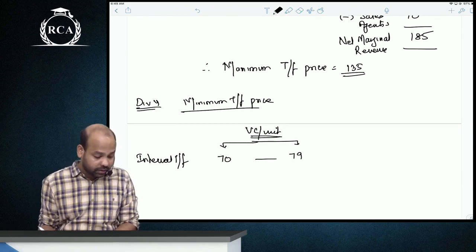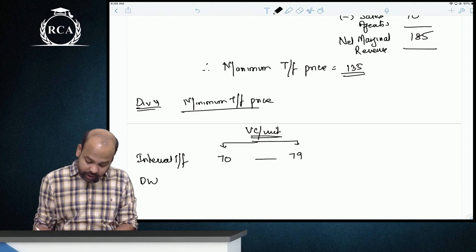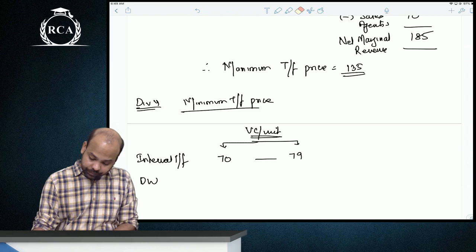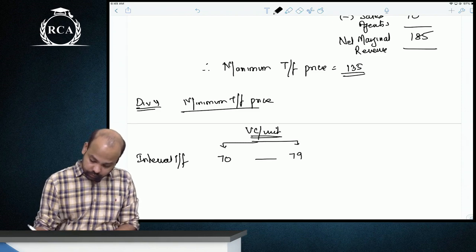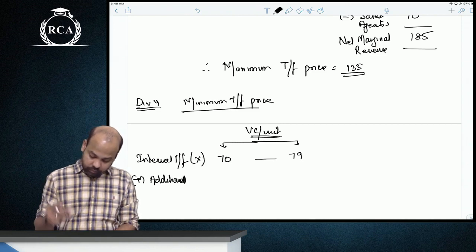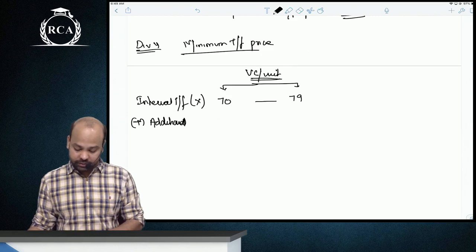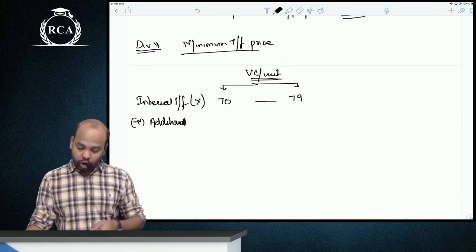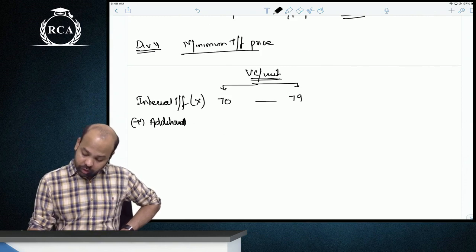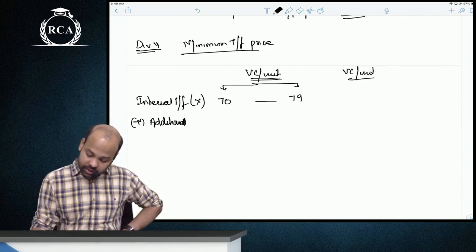Yes or no? Yes, sir. Besides this, they will have to incur direct wages of 50 rupees. Listen carefully, guys. Let us not forget that division Y is procuring component X from division X, or if they're procuring it from an external supplier, it is 85.